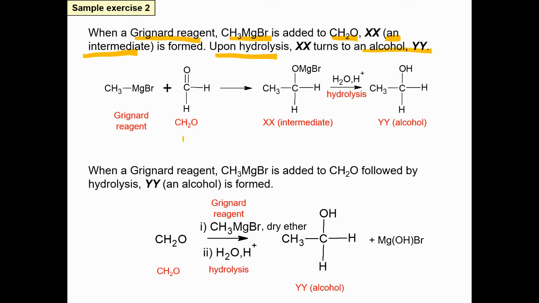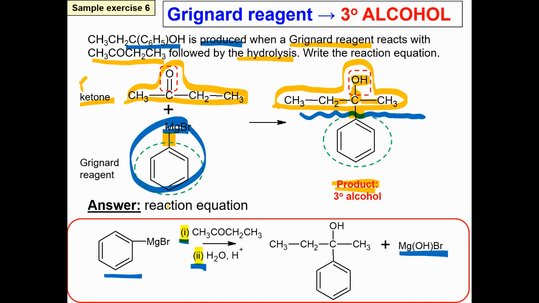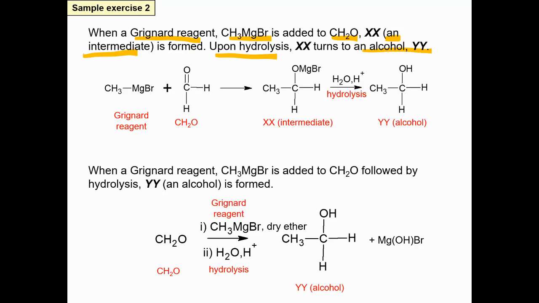When this kind of question comes, we can no longer straight away write Grignard reagent, Roman 1, Roman 2, and the product. First, the Grignard reagent reacts with the carbonyl compound, and then we get an intermediate. The intermediate means that they have combined, but the oxygen is attached to magnesium bromide.